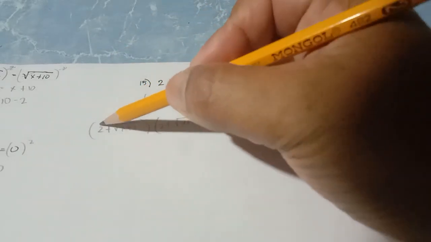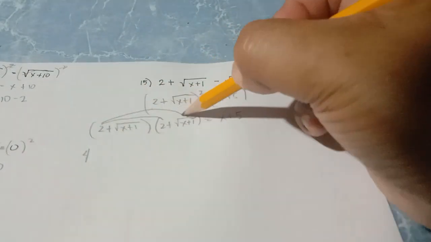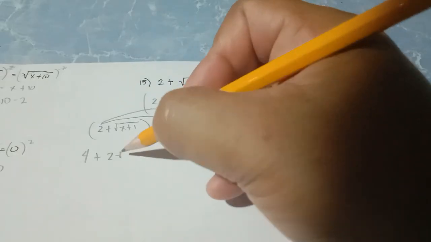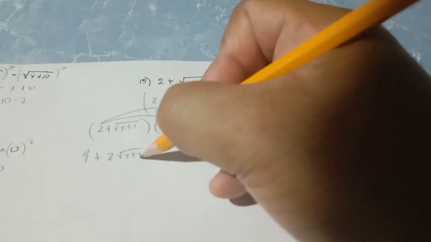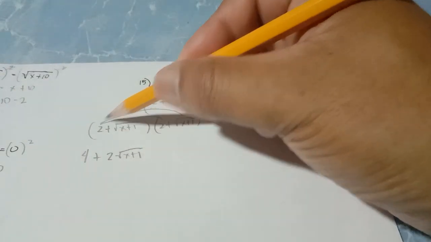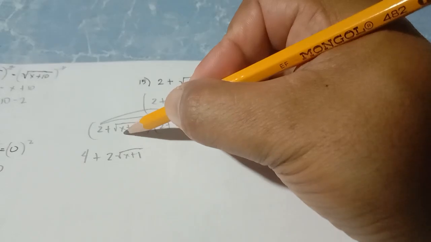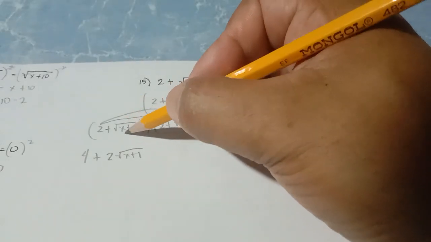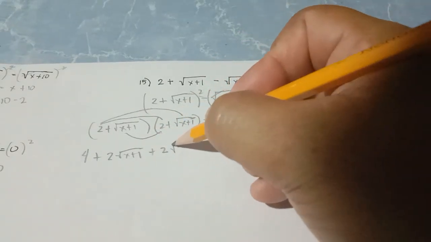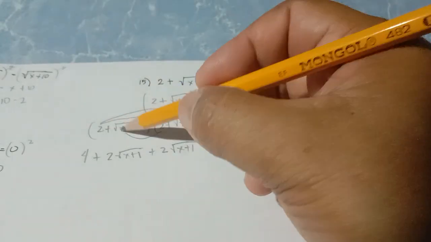Okay, distribute natin. 2 times 2 is 4. 2 times the square root of x plus 1 is 2 square root of x plus 1. Okay? Na-distribute ko na itong first term dun sa dalawa. Ito naman, second term. The square root of x plus 1 times 2 is 2 square root of x plus 1. So, parang gayon din yung sa kabila. Baliktad lang ito.